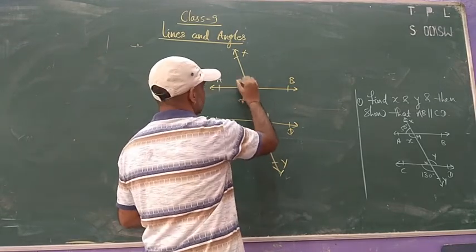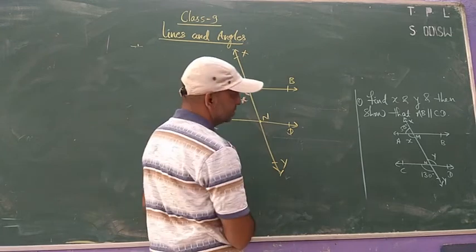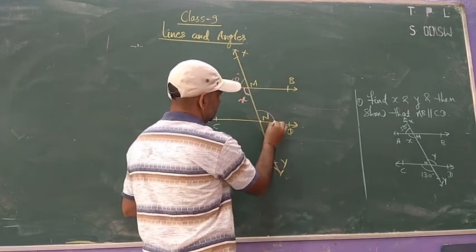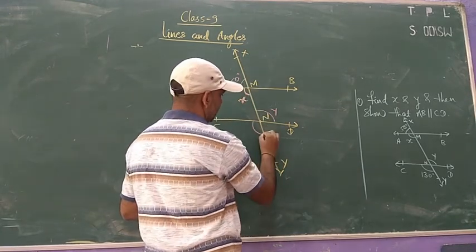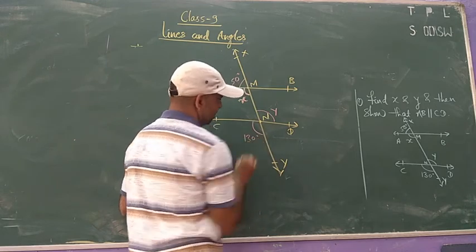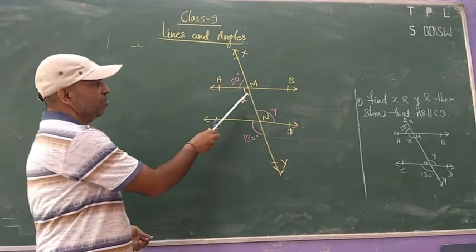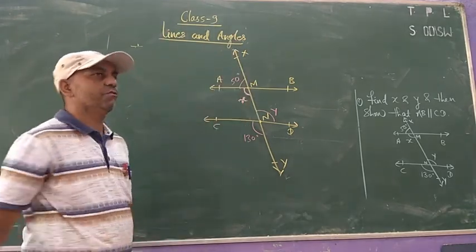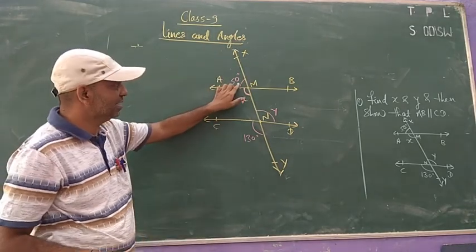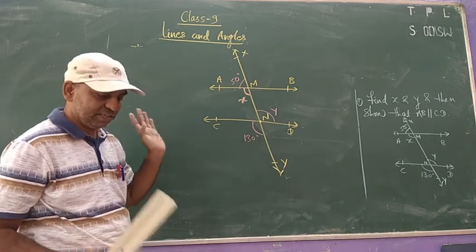Okay, this is given 50 degree. Then this angle is Y, it is given 130 degree. Okay, so in this problem we have to find the value of X and the value of Y. And it is given this angle is 50 degree and this angle is 130 degree.